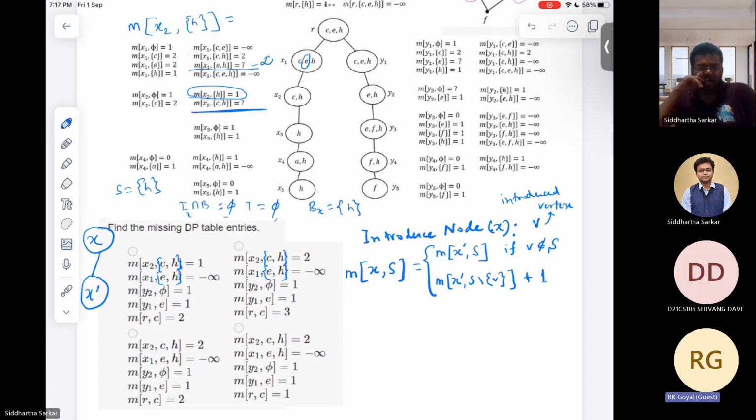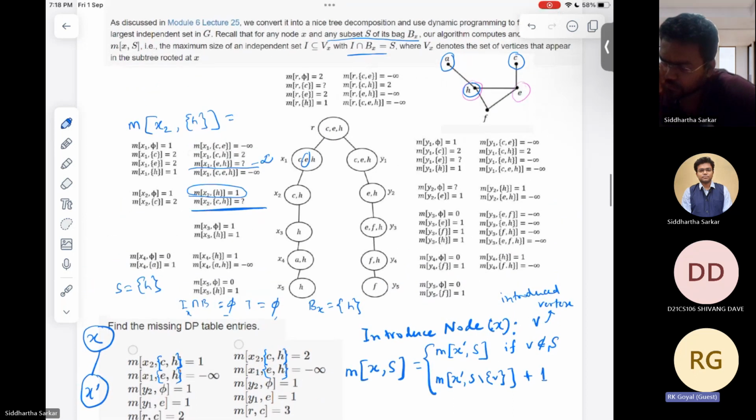And if V is an element of S and the intersection of V of X and S excluding V is equal to phi, then this value would be infinite. Correct. Right.